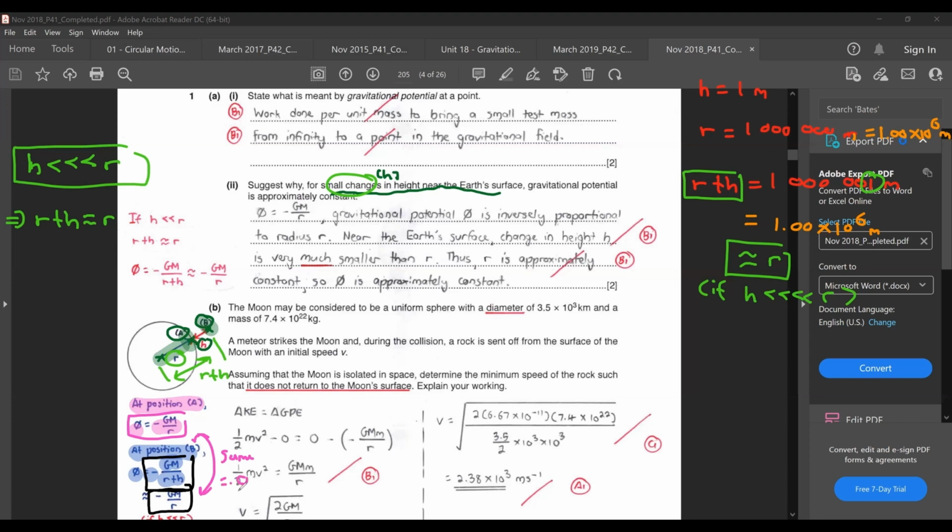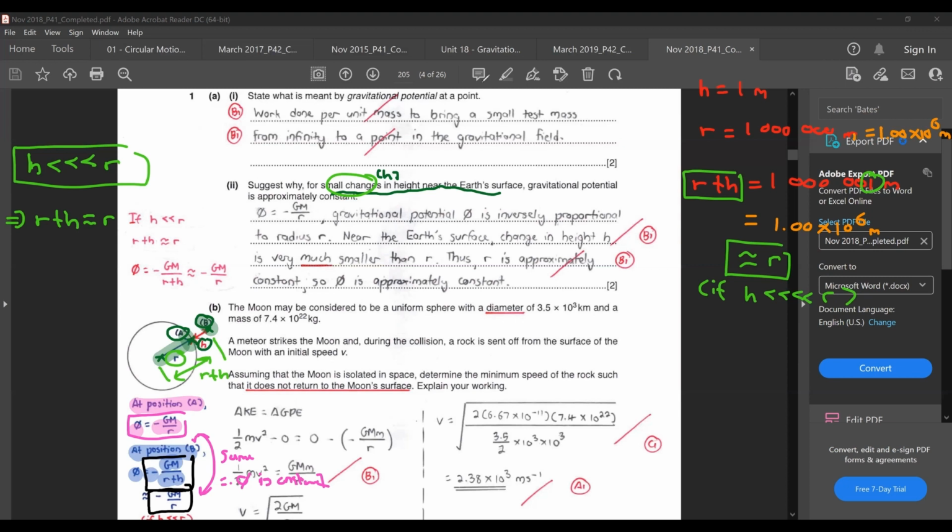Therefore, phi is constant. Okay, that's the understanding here. Why we can say that your potential is approximately constant for very small distances above the Earth's surface. All right, this is you explaining from an equation point of view.